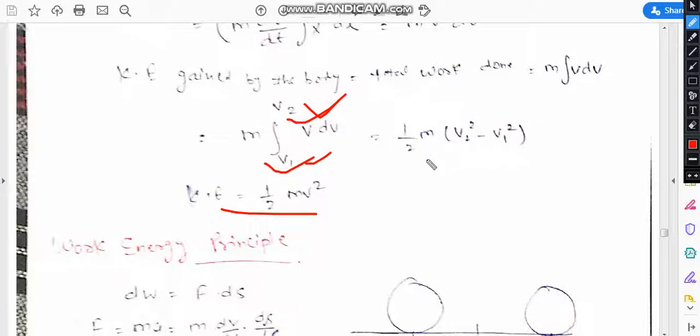Okay, now the next topic is the work energy principle. According to the work energy principle, the work is defined as dW equals F dot ds.